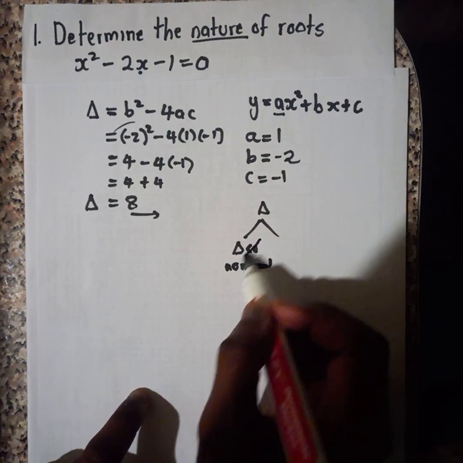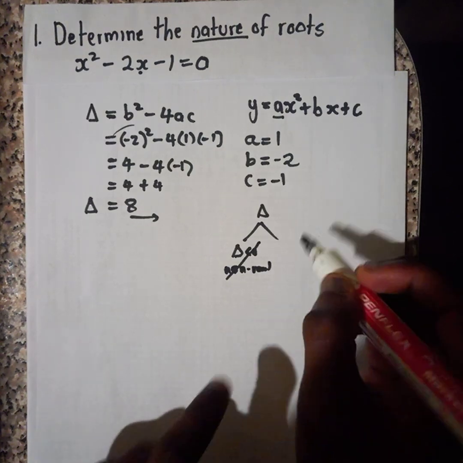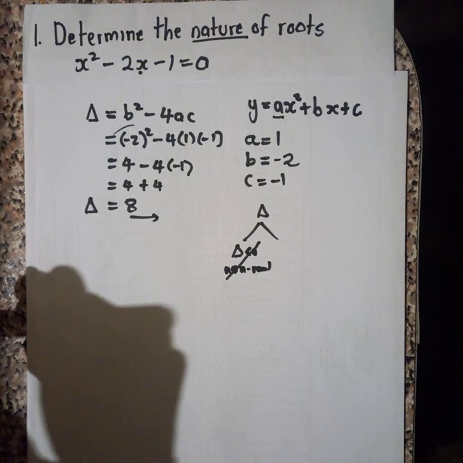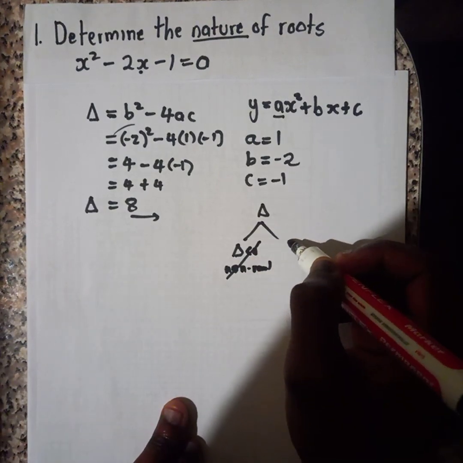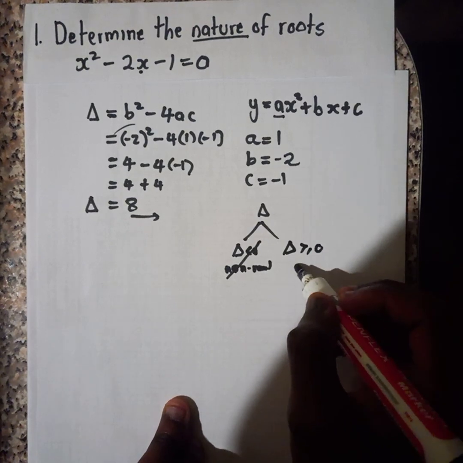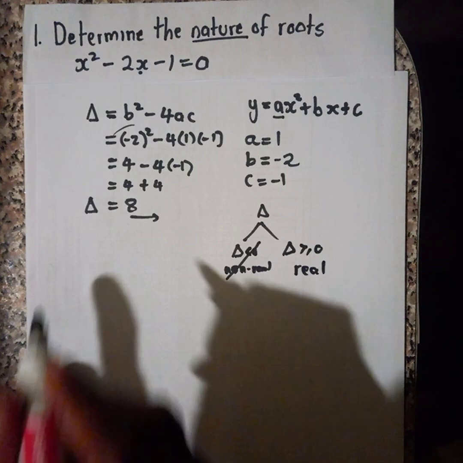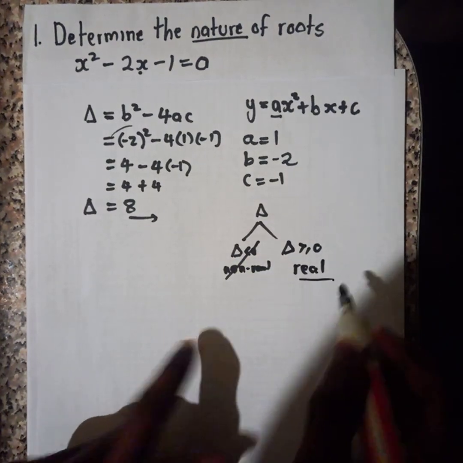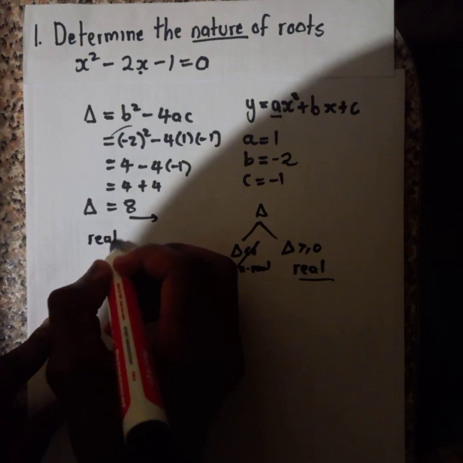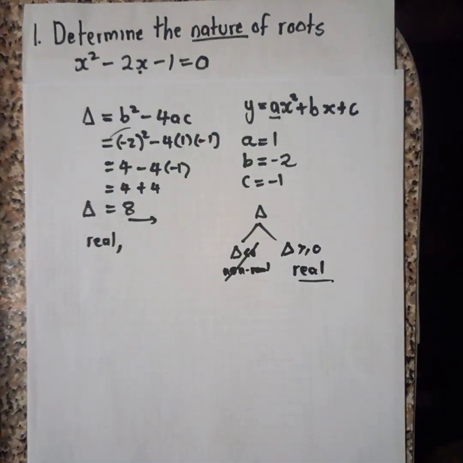Then we are going to cut this one out. Do you understand, my fellow learners? Then obviously, if it's not less than 0, then it's going to be greater than or equal to 0, which represents real roots. Then the word real is going to be your first answer to this type of discriminant.